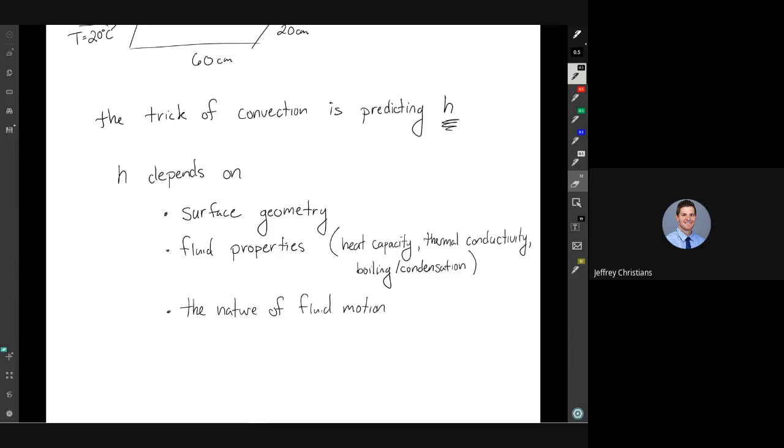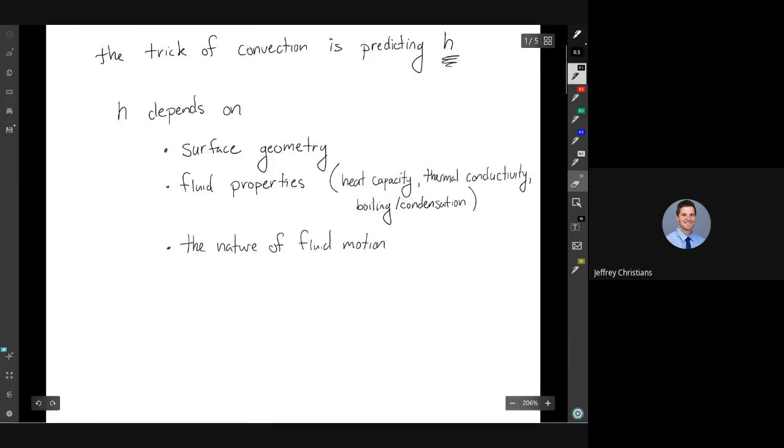This is something that makes perfect sense. But one of the cool things about it is, despite all of this, it is only weakly dependent on temperature.